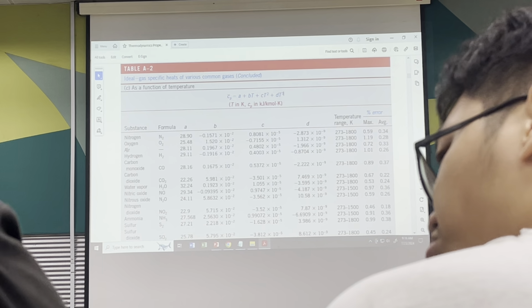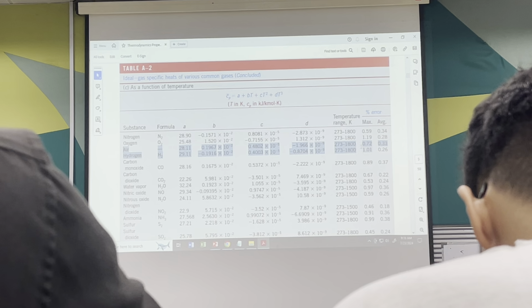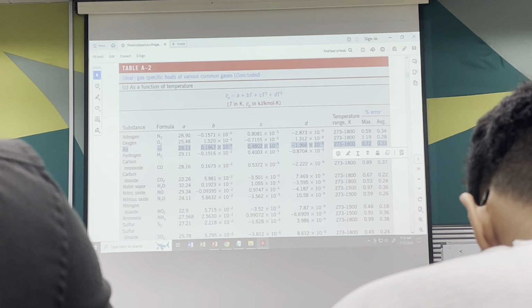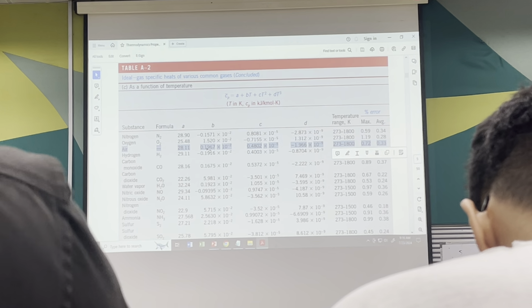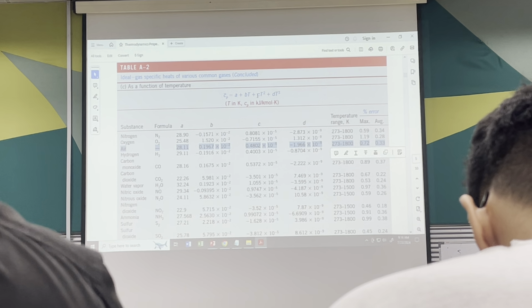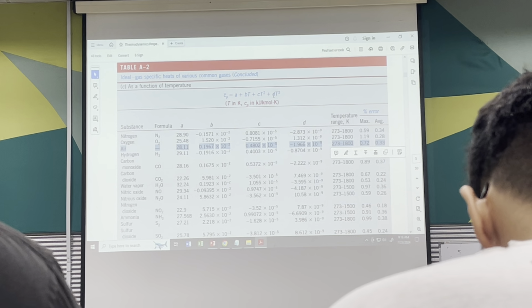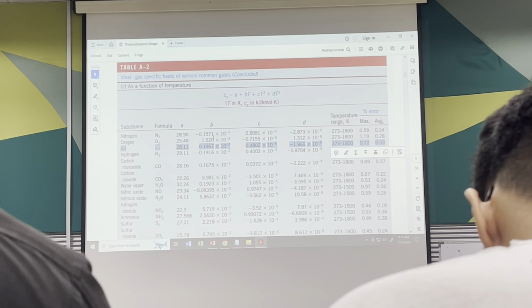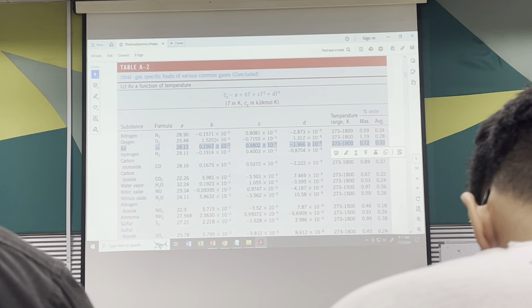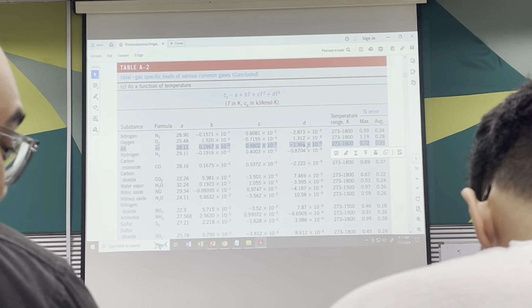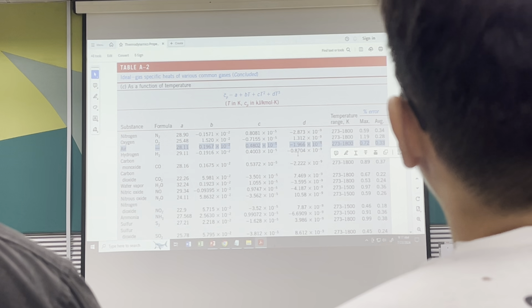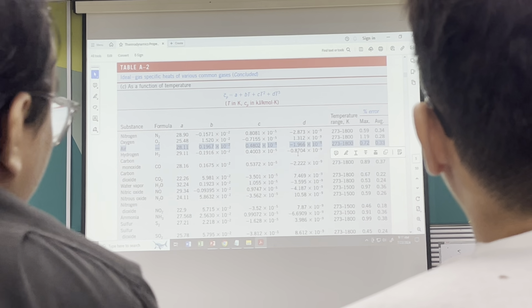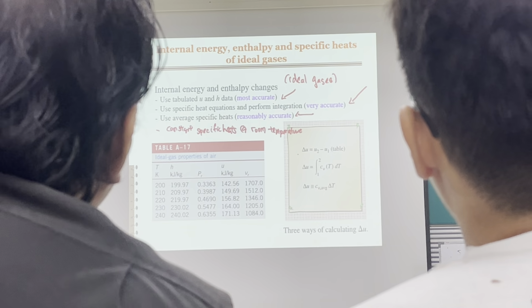Let's say you have air, so you sub in 28.11 to A, you sub in this value to B, this value to C, this value to D, then you integrate this whole thing and you will get the value. So a bit more maths if you use this method. I will show you in the subsequent example later.